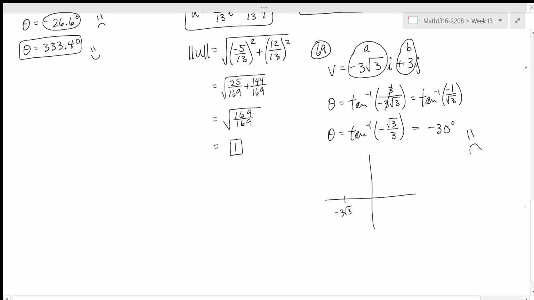And what is the y component of the vector? Negative or positive? And that's going to go up to something like this. So that vector is actually going to point into the second quadrant. But what quadrant is negative 30 in?